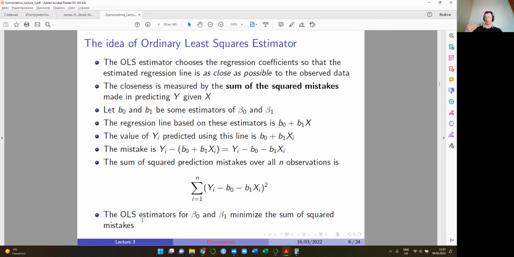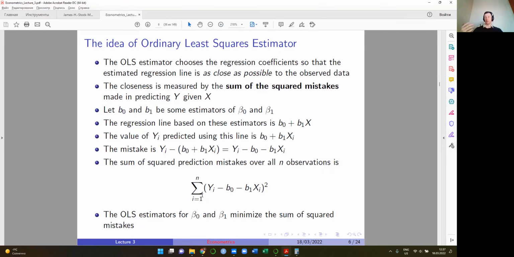And the rules for how to calculate B0 and B1 such that they minimize this sum of squared mistakes are going to be the OLS estimators for beta 0 and beta 1. I guess the idea is very simple.